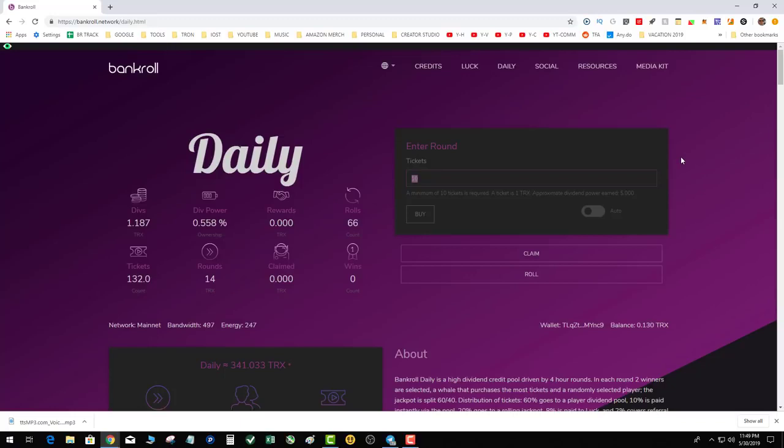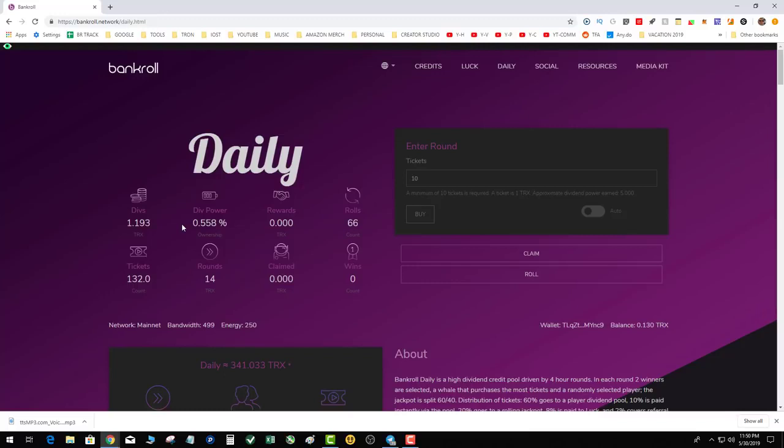So what are the actions I can take at this point? Well, I could claim those divs that are sitting here, or I could roll the divs to increase my div power. So how to play: you buy tickets, you get divs, and you claim the divs or you roll the divs. And you're like, well, I want to claim the divs.